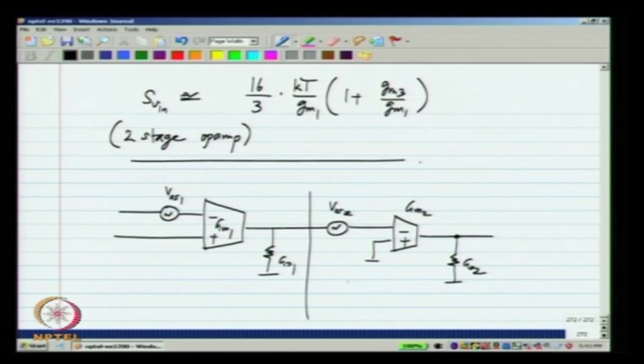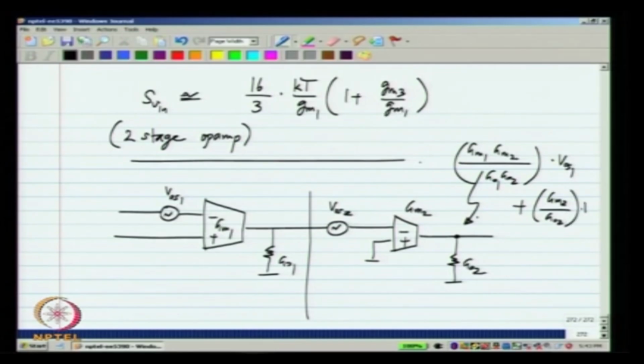So, VOS2 is the input referred offset of the second stage, VOS1 is the input referred offset of the first stage. So, the total offset at the output will be (GM1 GM2 by GO1 GO2) times VOS1 plus (GM2 by GO2) times VOS2.